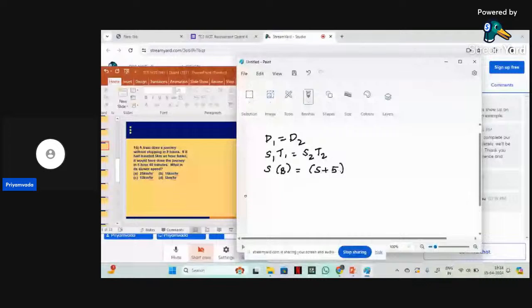How much is 40 minutes out of 60 minutes? It is 2 by 3 part of an hour, right? So we can write it as 6 2 by 3. And for better cancellation, we'll write it as 20 by 3.